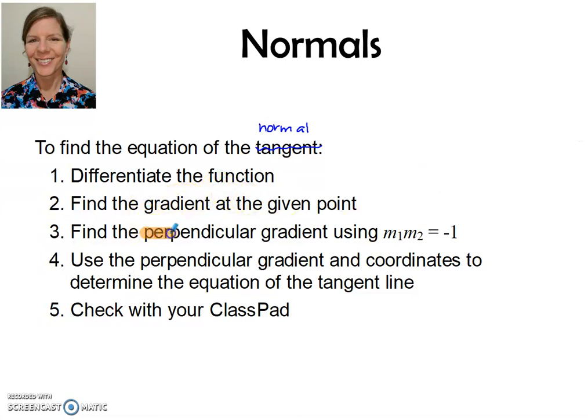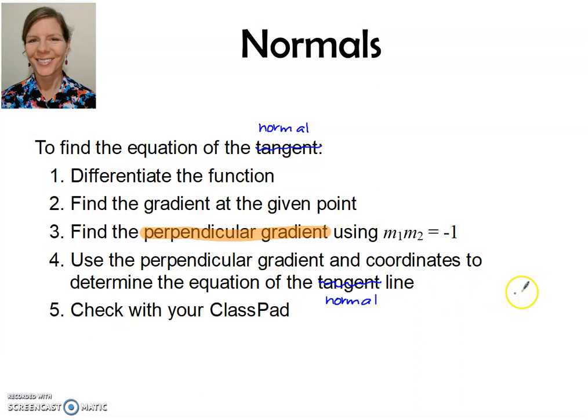Remember that when you've got two lines, the gradient of the first times the gradient of the second must equal -1 if they're perpendicular. So use that. Then use the perpendicular gradient and the coordinates of the point to determine the equation of the normal line.